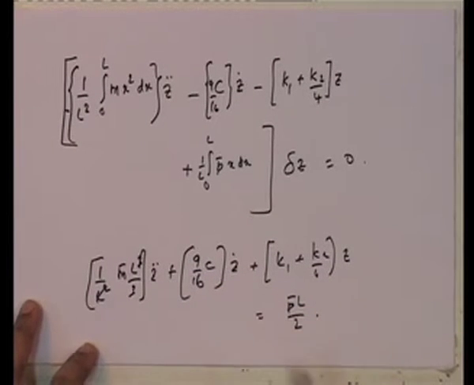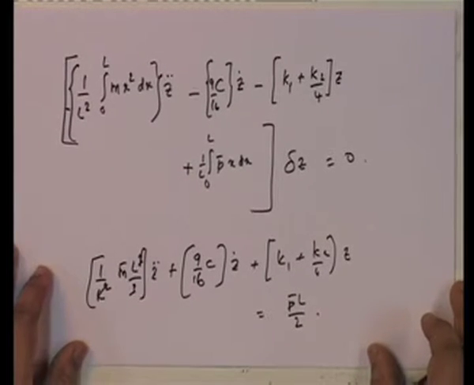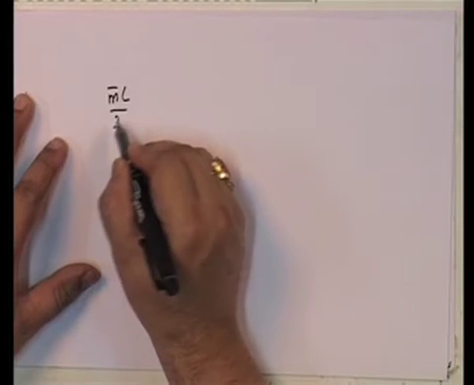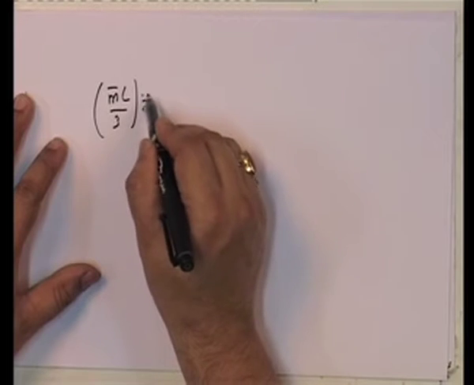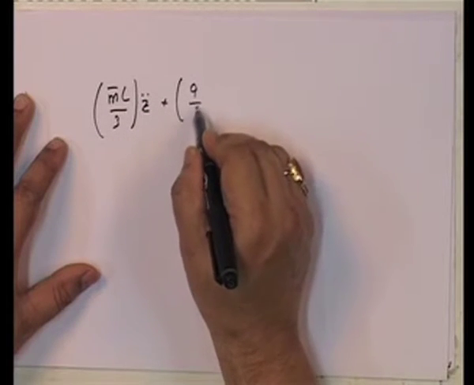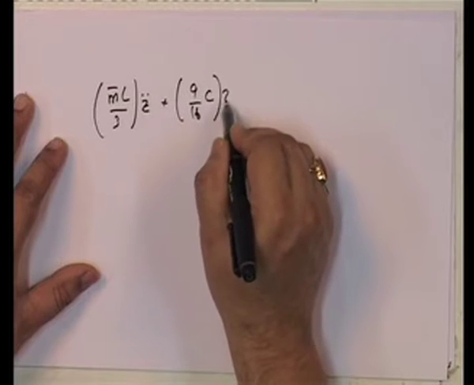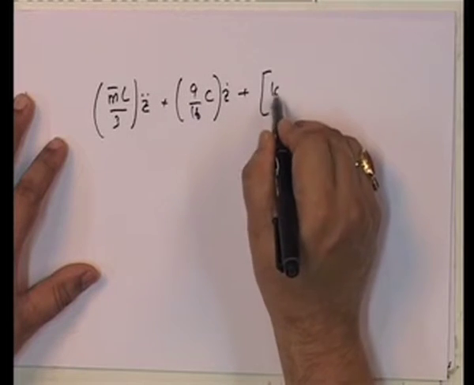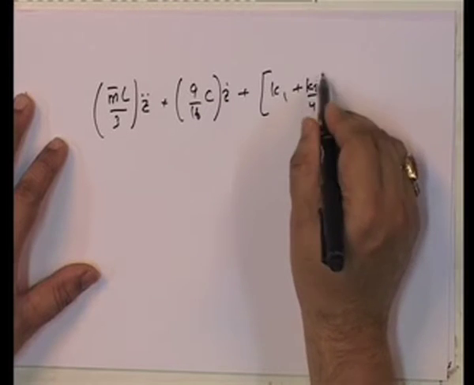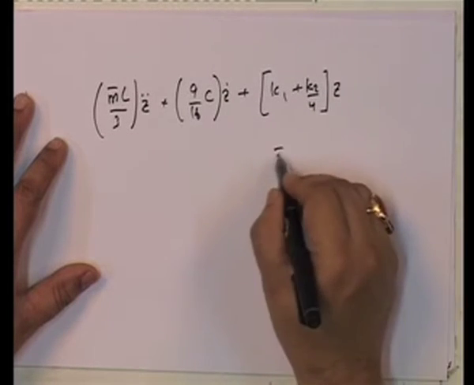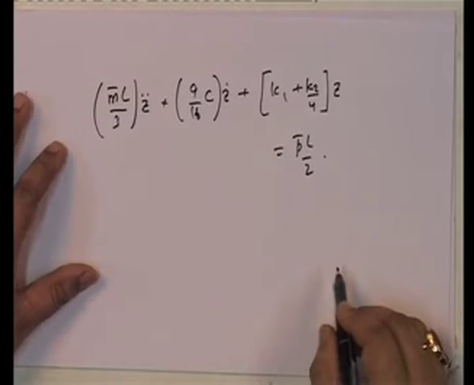Now, note something very, very interesting. Let me look at this equation very, very carefully. This equation tells me that it is m bar L by 3 into z double dot plus 9 by 16 c z dot plus k1 plus k2 by 4 z is equal to p bar L by 2.